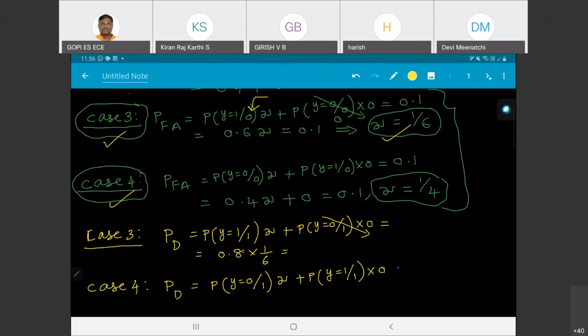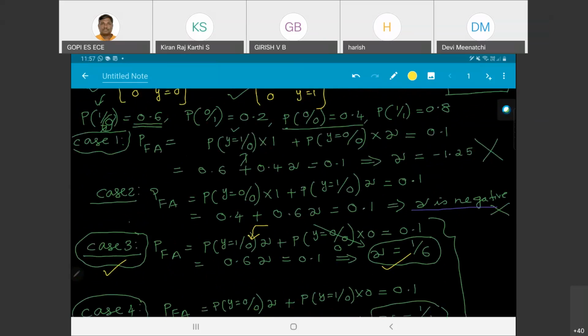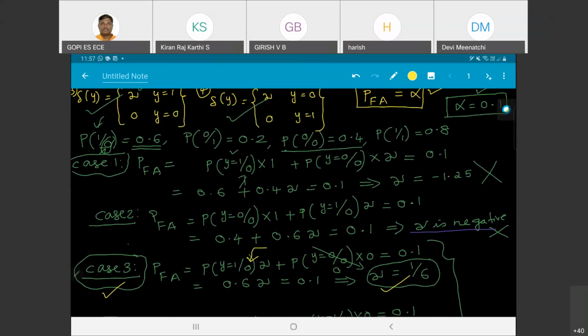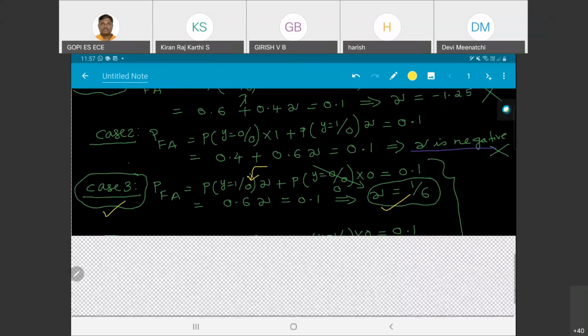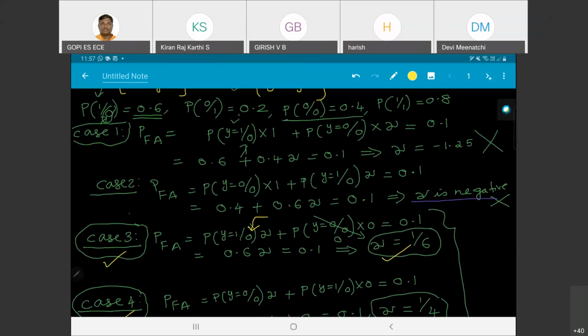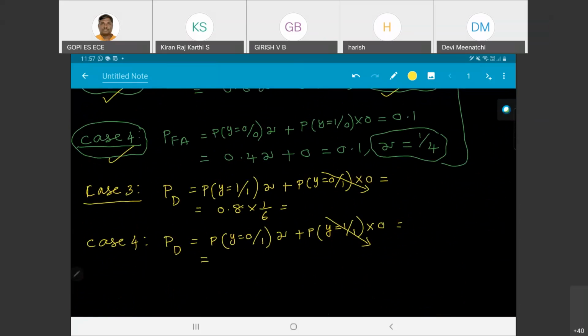Anyhow, that second term is going to be 0. Probability of y equal to 0 given 1 is 0.2 in this problem. So 0.2 into gamma, which is 1 by 4 for case 4. So this is the value.